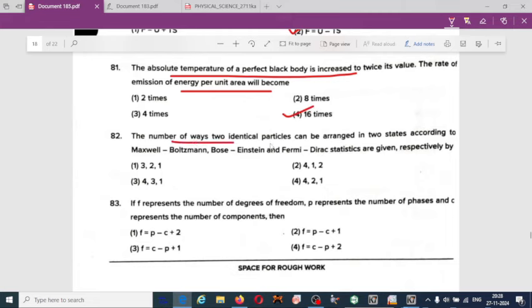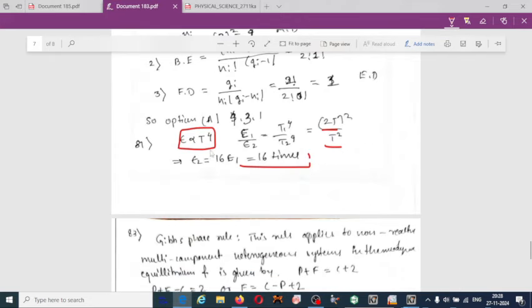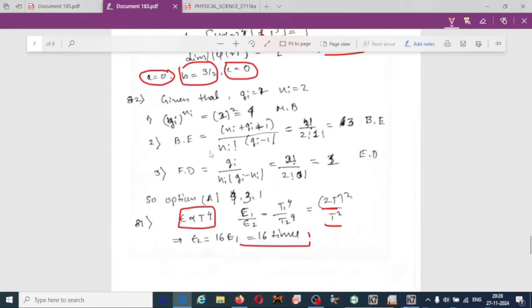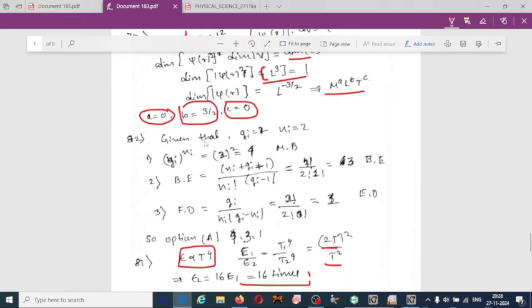Number of ways two identical particles can be rearranged in two states according to Maxwell-Boltzmann, Bose-Einstein and Fermi-Dirac statistics are given by the equation here to calculate the states.